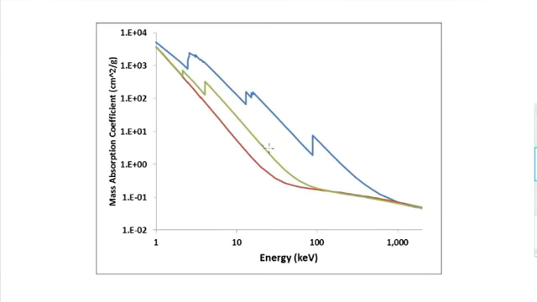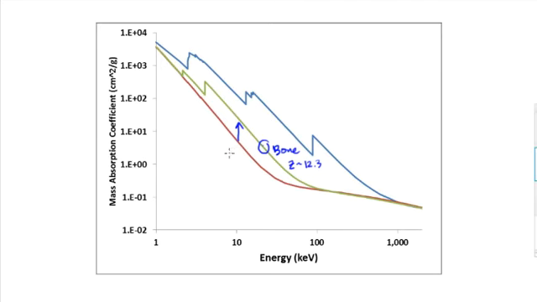So let's look at another curve. This curve in the middle here is the curve for bone, and you'll see it's in between the two. That's because the effective Z of bone is approximately 12.3, where you take the average of all the elements in bone. So you'll see it goes up. Remember, it goes like Z cubed.